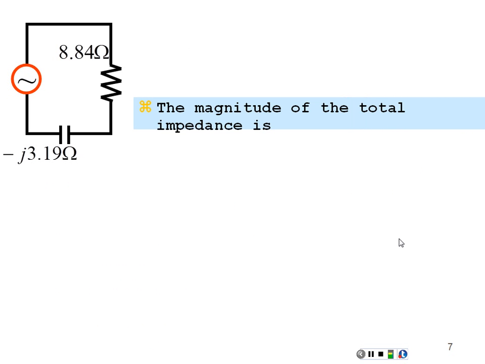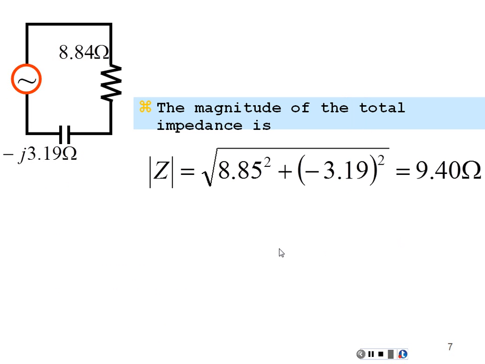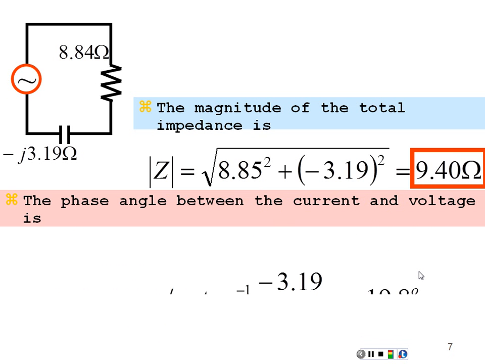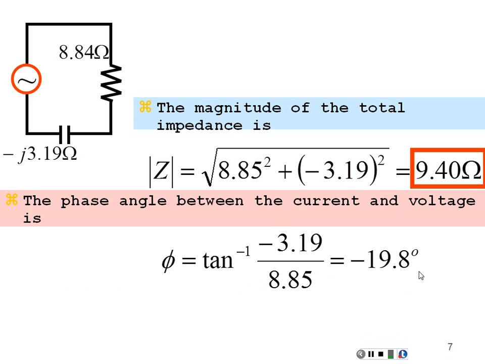The magnitude would be the square root of the square of the resistive component plus the square of the reactive component, 9.40 ohms, and the phase angle would be the inverse tangent of our reactive component, negative 3.19, over our resistive component, 8.85: negative 19.8 degrees.